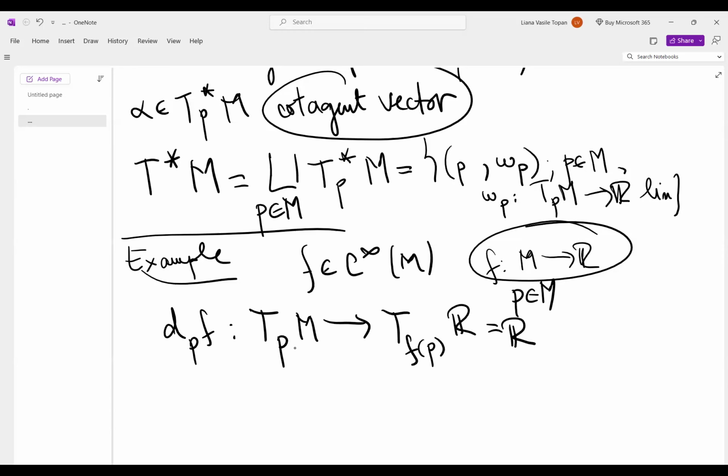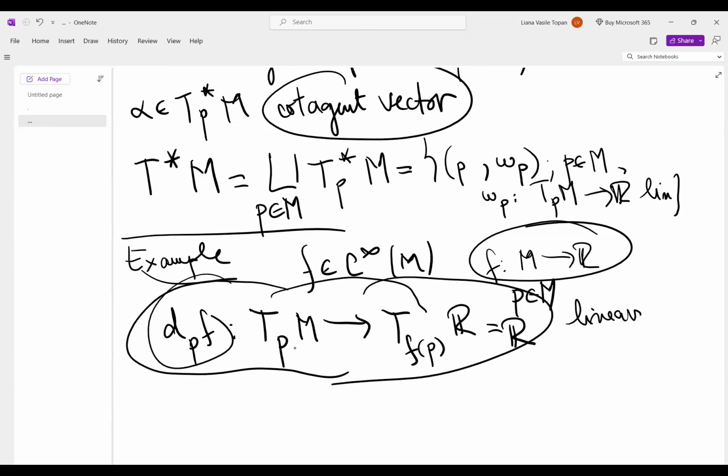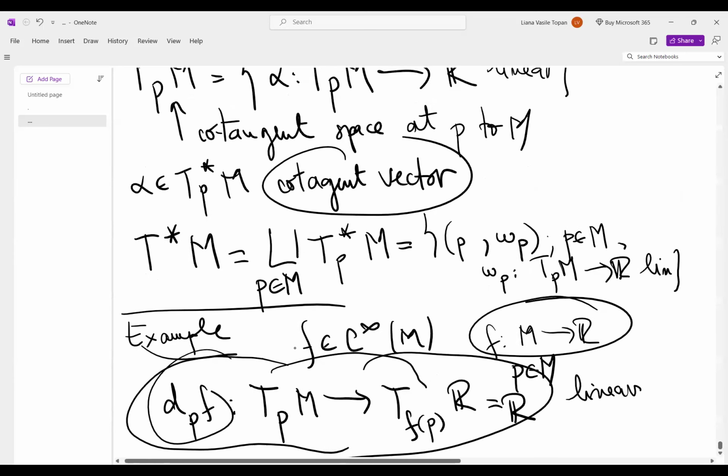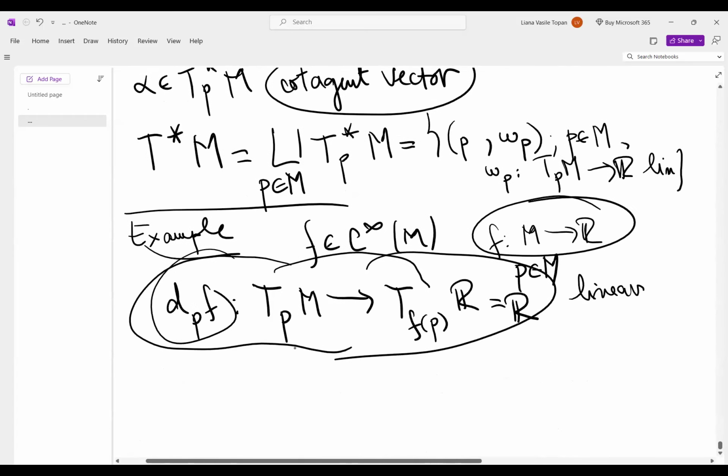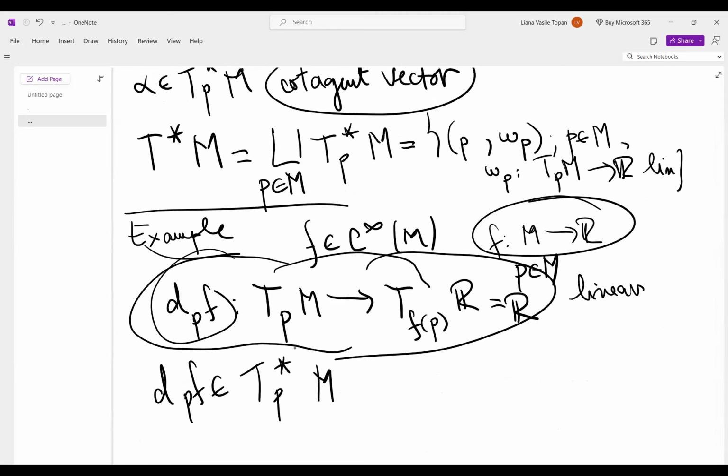We talked yesterday about this. So you see, this is a linear map defined on TPM with values in R. So this belongs here; it's a cotangent vector at the point P to the manifold M. All right, that's an example of a cotangent vector.